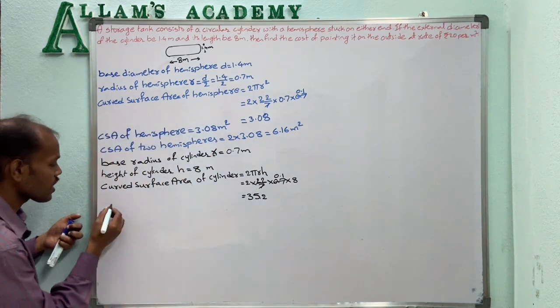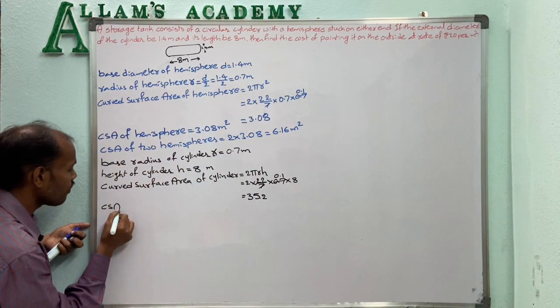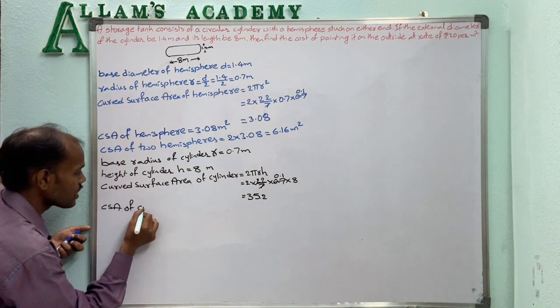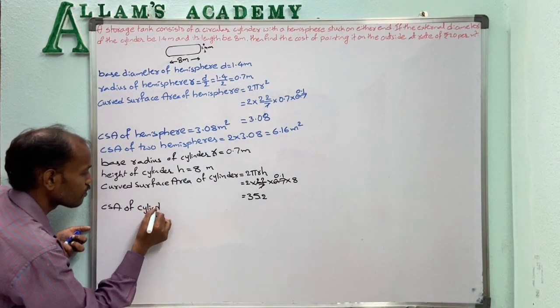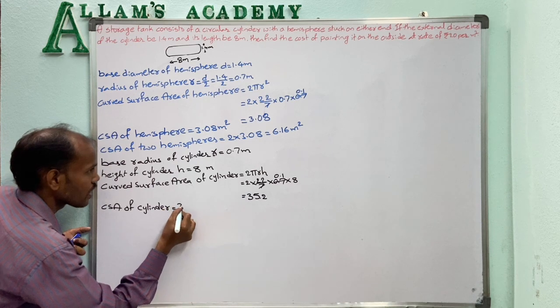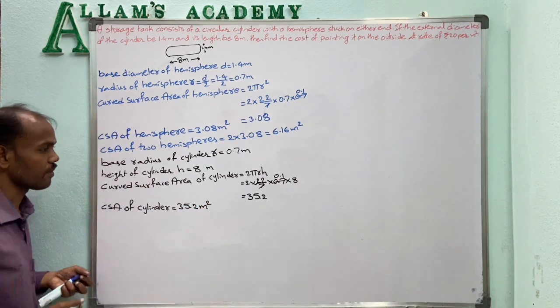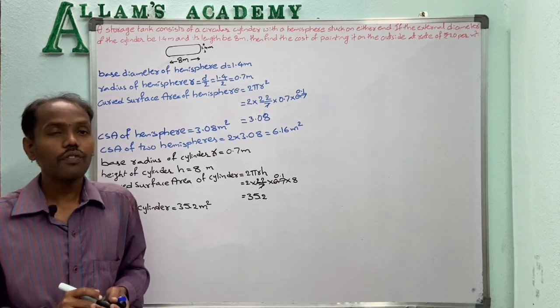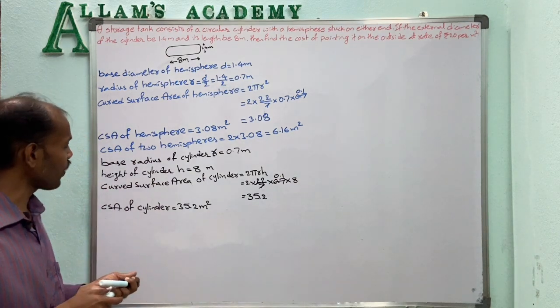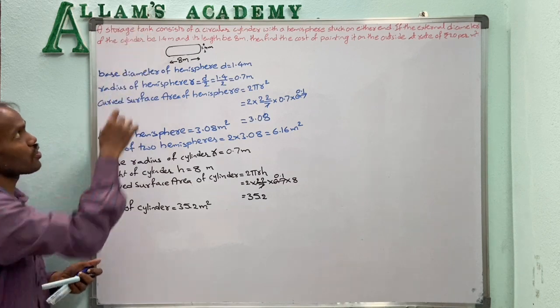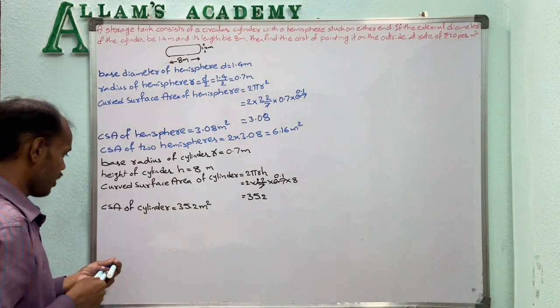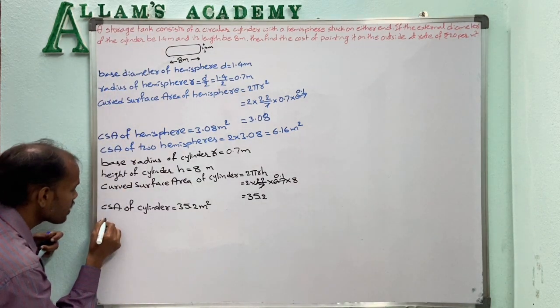So the curved surface area of the cylinder equals 35.2 meter square.